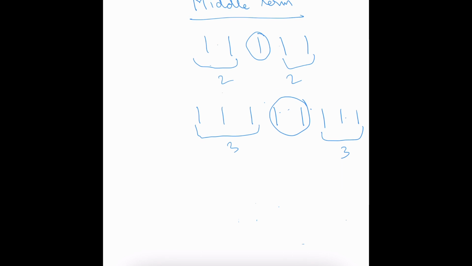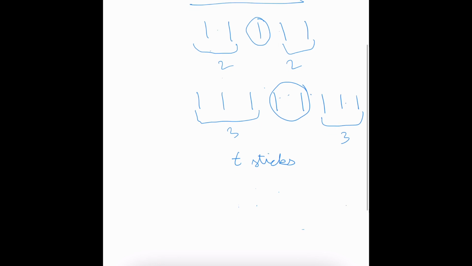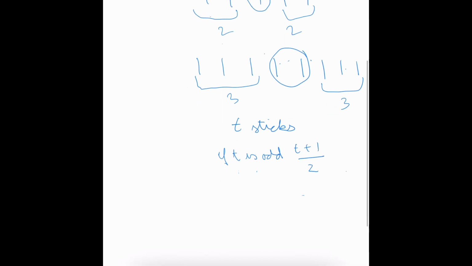Let's say that there are t sticks. If t is odd, the middle stick is (t plus 1) upon 2. Similarly, if t is even, the middle sticks are t upon 2 and t upon 2 plus 1.